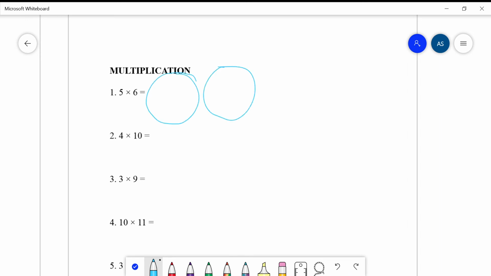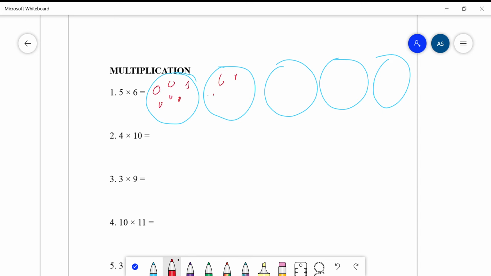1, 2, 3, 4, 5. And there are 6 dots in each group. So 1, 2, 3, 4, 5, 6.